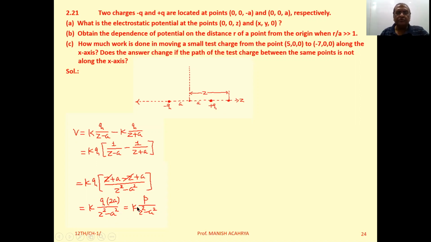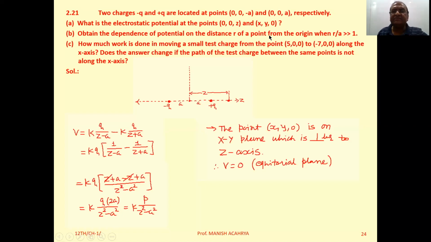So q into 2a is the dipole moment p. So we can write the potential at a point on the z-axis at a distance z as kp upon z square minus a square. Clear to all of you?